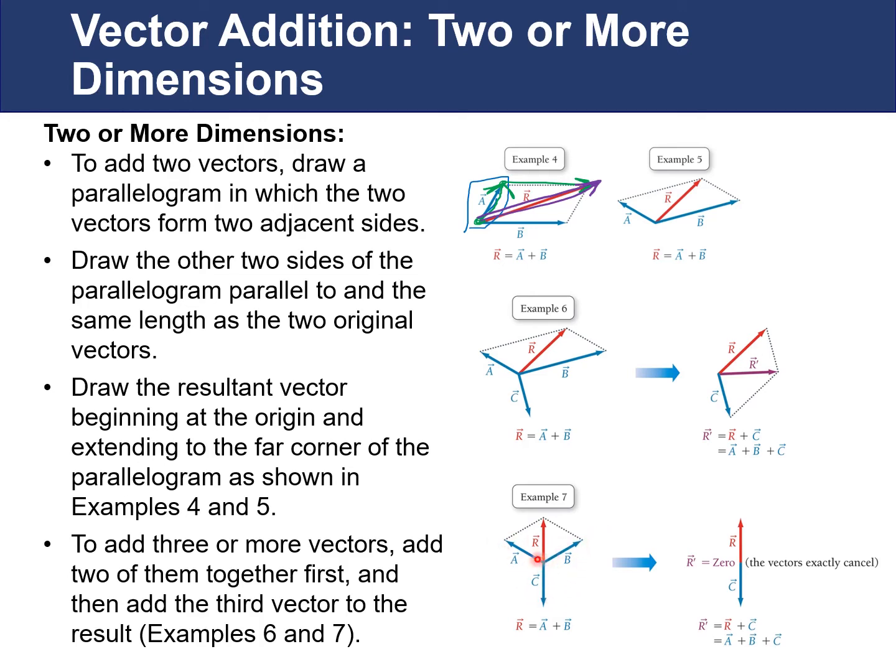So B is the same length as C, which is the same length as A, and they're all symmetric in the directions that they're pointing. So we add A with B together, we get the resulting vector R. The resulting vector itself cancels out the C vector when we add the two together.